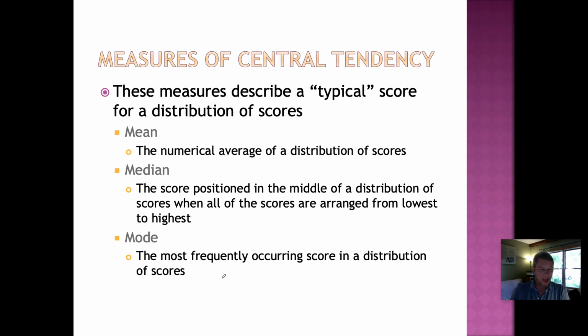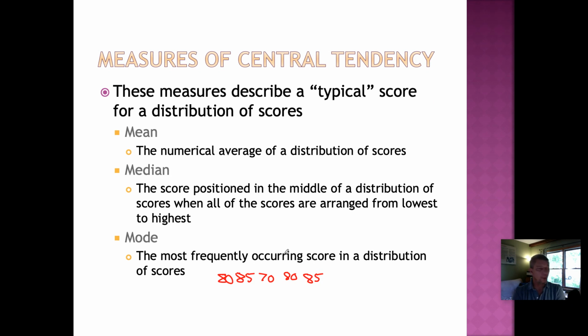The scores are 80, 85, 70, 80, and 85. So I have 5 kids in a class who take a quiz, and these are their scores, in no particular order at all.